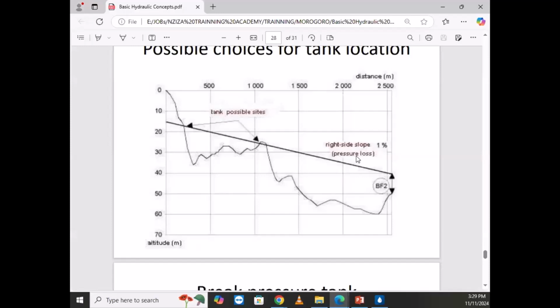The riser will be how long? We elevate the tank to 15.